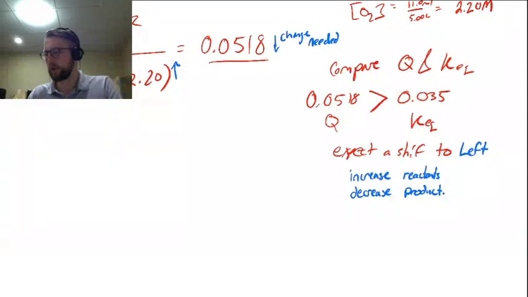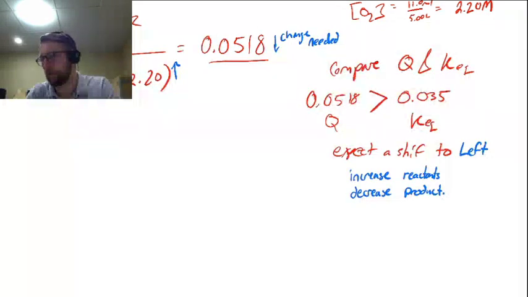And that's that. So that's how you would apply Q. And you can actually do a more extreme question here. There is a next stage of this question that you might do, maybe not with us, but definitely at university, which would be to take this information and apply it to find the new equilibrium concentrations.